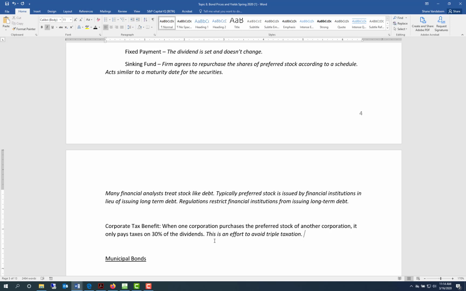Firm 2 receives that dividend, they treat it as income, they pay income taxes on that income, and then you receive the dividend from that company, and then you're paying taxes again on that original income from company 1. That would result in triple taxation. So only requiring them to pay taxes on 30% of dividends of preferred stock avoids some of that triple taxation.